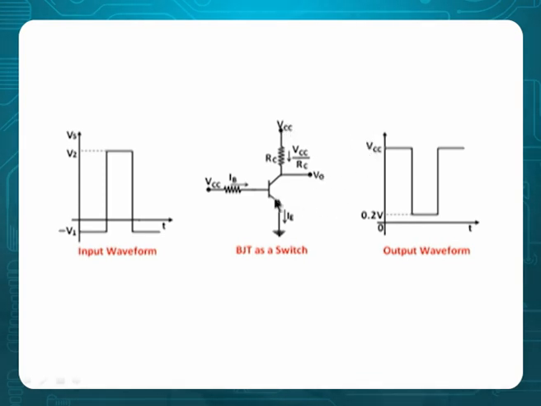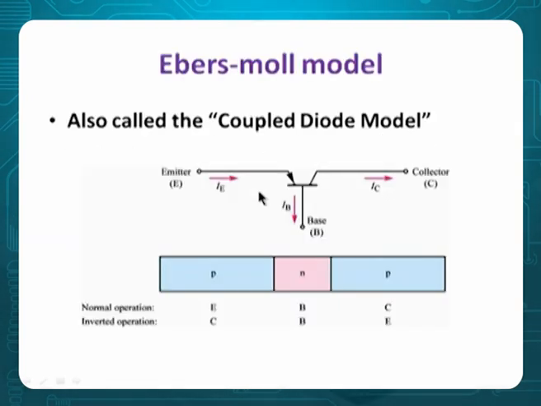When the transistor is on, we see VCE(sat), that is 0.2. So it will vary from minus V1 to V2 at the input, but at the output it is varying from VCC to 0.2. So input waveform, output waveform, BJT as a switch. That's the meaning there.